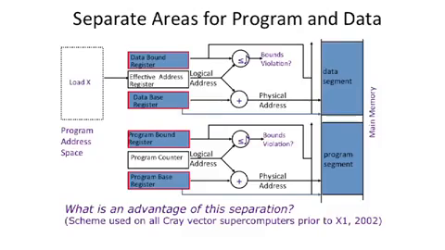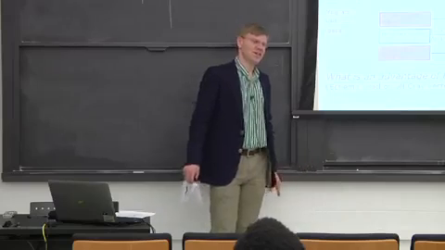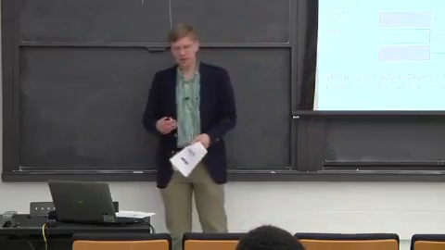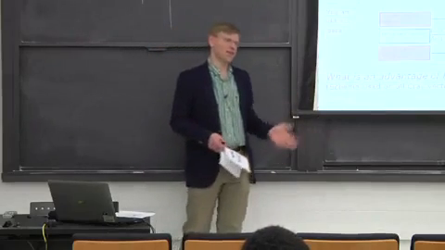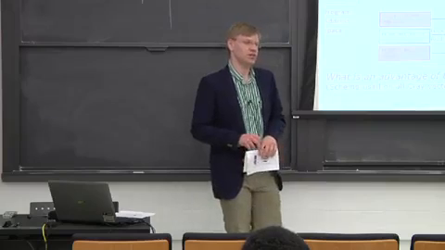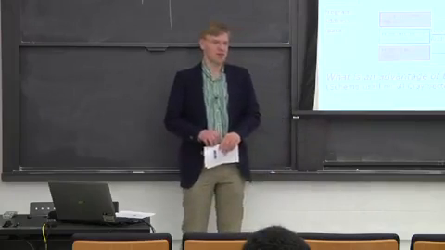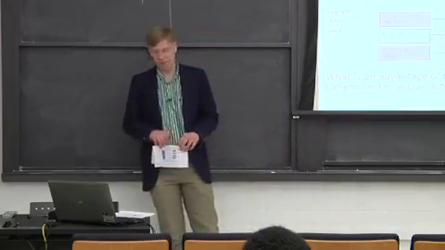And this was OK for something like a supercomputer, because supercomputers don't typically run lots of programs at the same time. They typically run one really big program. So it's a little bit easier in that setting than using an architecture like this for general purpose operating systems like your Linux desktop or Windows desktop.